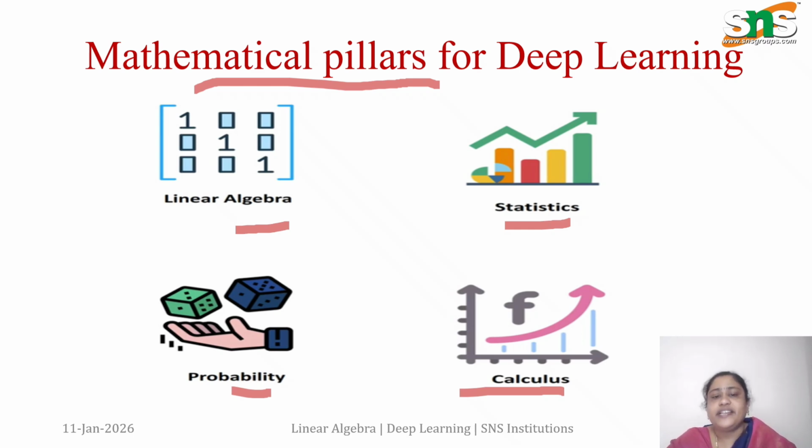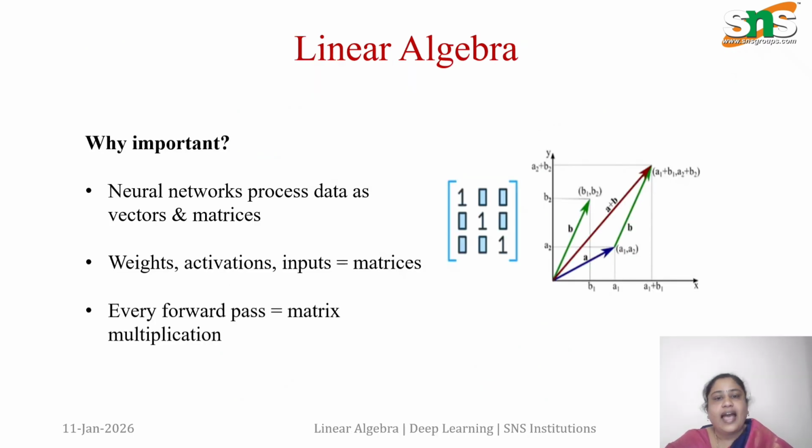Linear algebra is very important because it is the language that the neuron speaks. As I told you previously, algebra is the main language that the neural network speaks. Why is it important? Because neural networks process complex data as vectors and matrices. When you speak about weights, it is a vector.